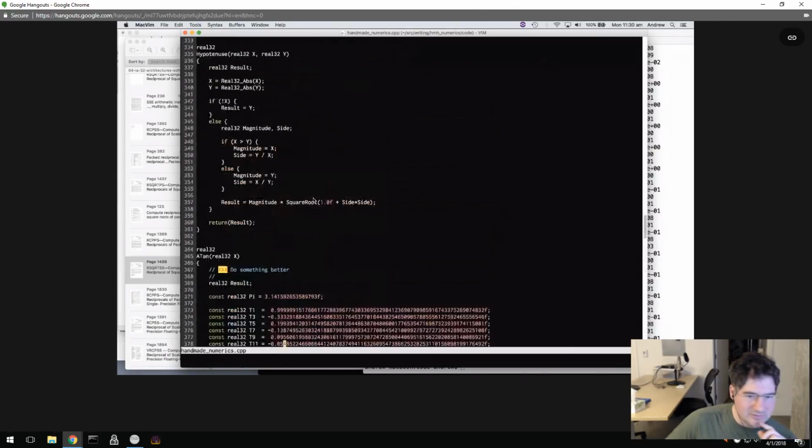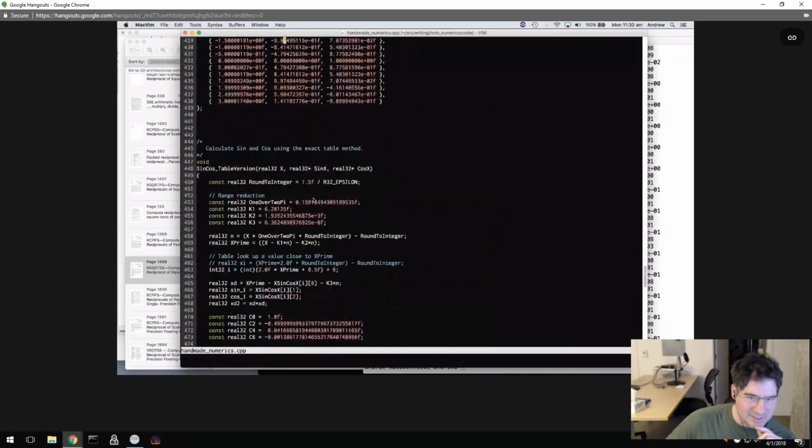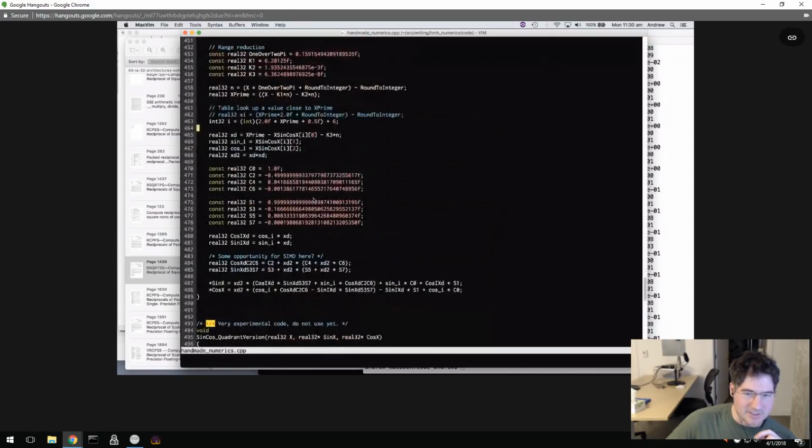Someone was asking, do they have more precision than can fit in a float? Oh yes, I've written them here in more precision than will fit in a float, because this is what came straight out of Mathematica, and I decided, I'll just dump it all here, and the compiler will round that to a floating point.